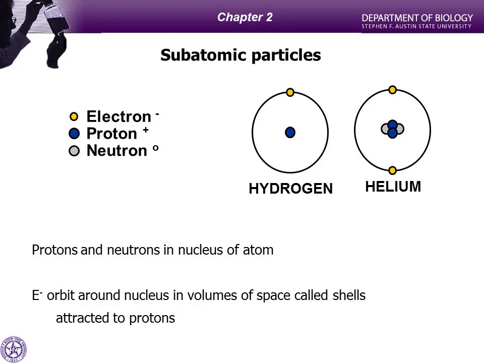Now, with these big fancy names, subatomic particles, what does subatomic mean? What does sub mean? Below, like a submarine, marine meaning ocean, under the ocean. Subatomic meaning under an atom, smaller than an atom. That's all that means. And so when we look at these subatomic particles, while we pay attention to their location, it's going to be more important that we pay attention to the electrical charge of these elements.